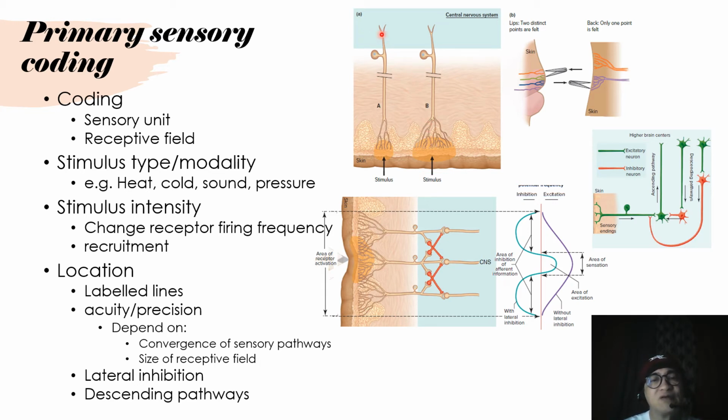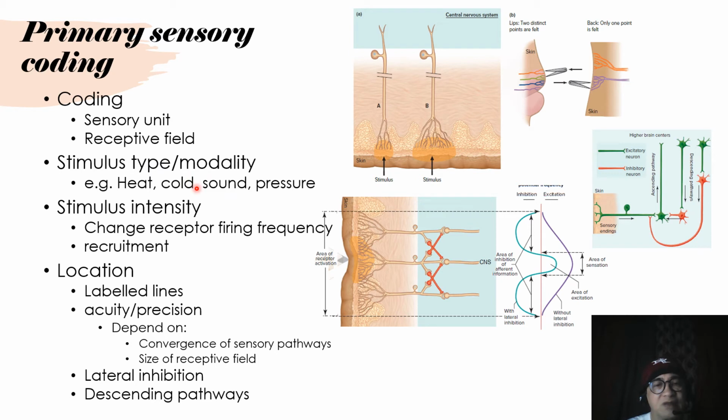Coding of a stimulus may be achieved by the modality or the type of stimulus, the stimulus intensity, and the location at which the stimulus has been applied. Based on modality or stimulus type, sensory receptors are sensitive only to a particular stimulus. So if the stimulus is hot or cold, it will stimulate only nerve endings that are sensitive to it.